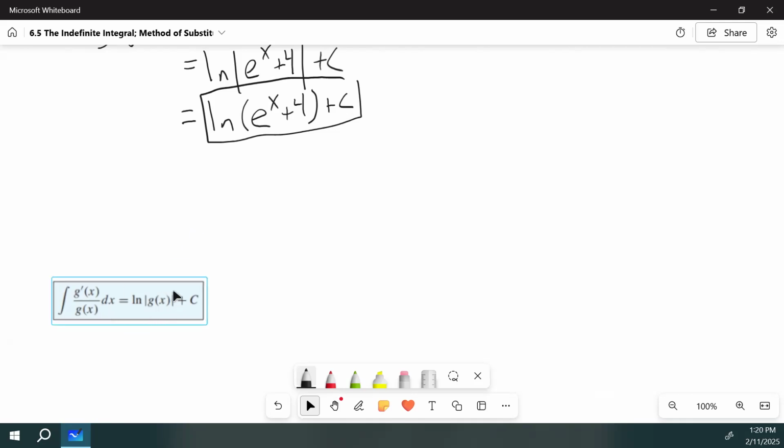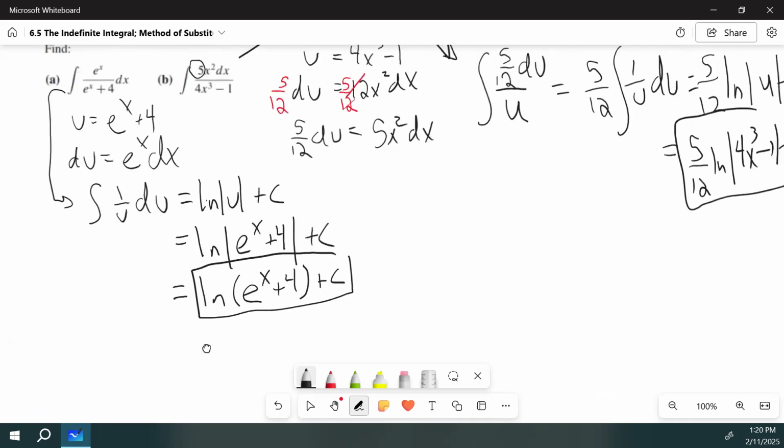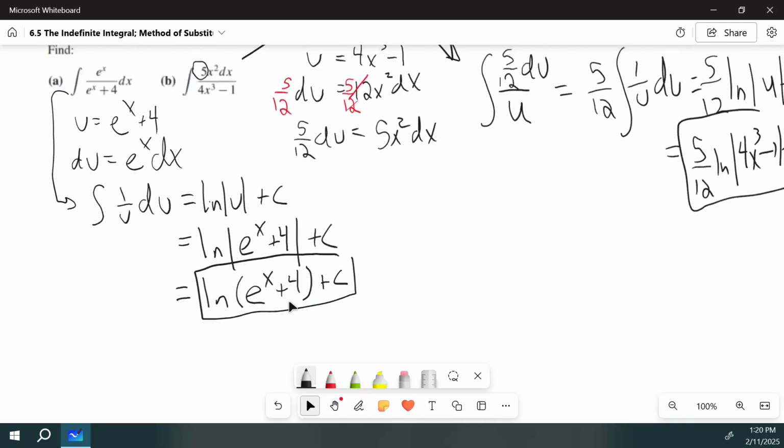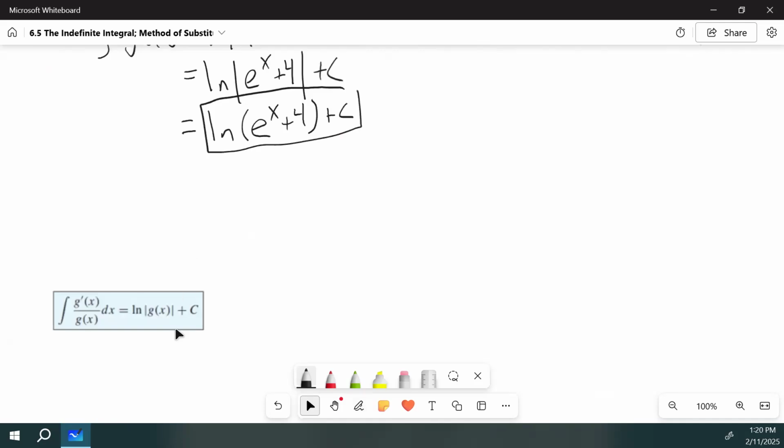So notice that this is the absolute value of g. It's necessary since the domain of the natural logarithmic function is the set of positive real numbers. So like we did here in example A, we knew that e to the x plus 4 is always positive, so the absolute value is not required.